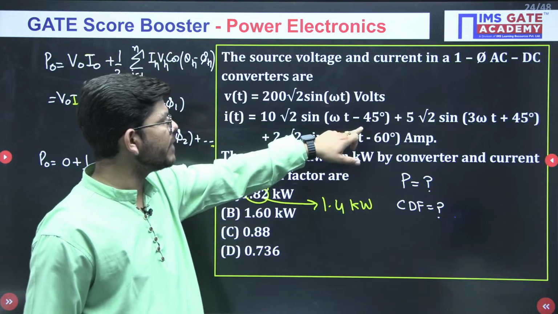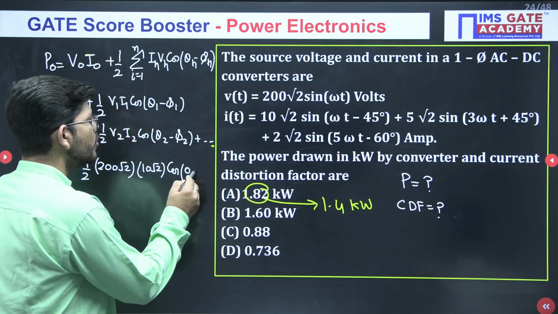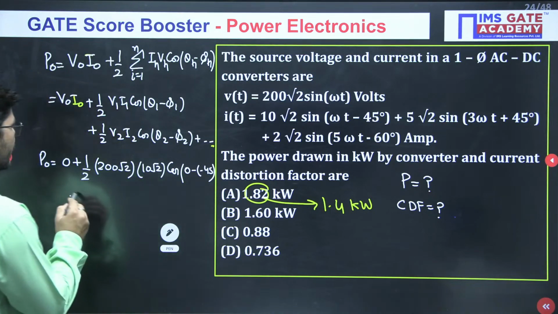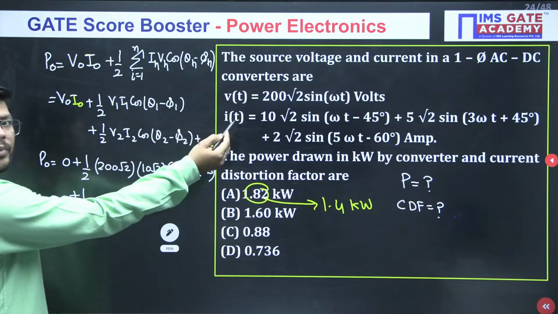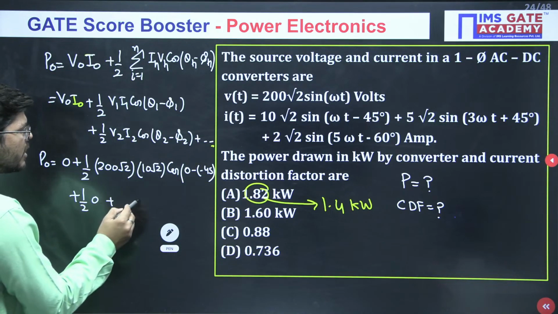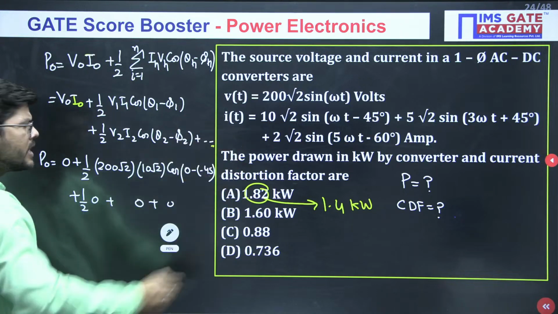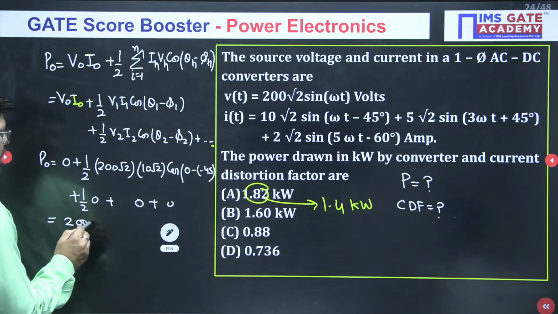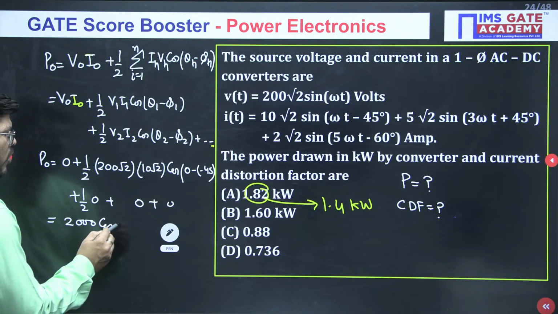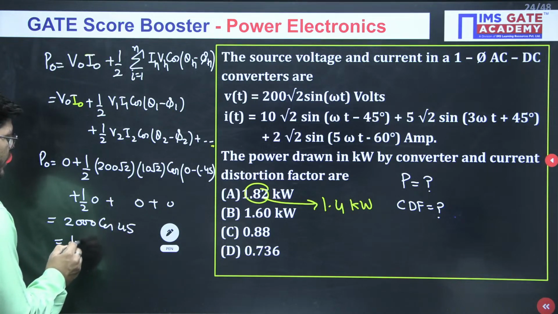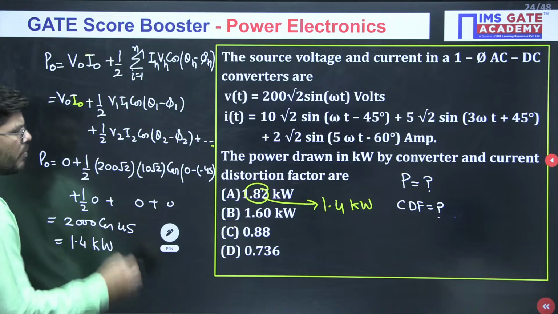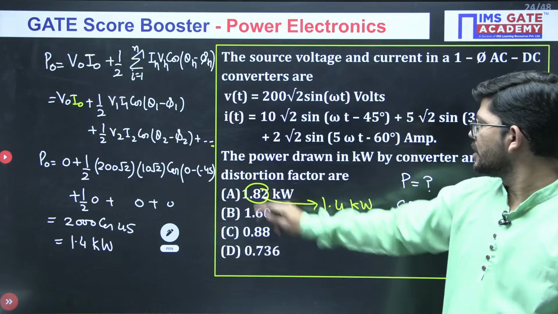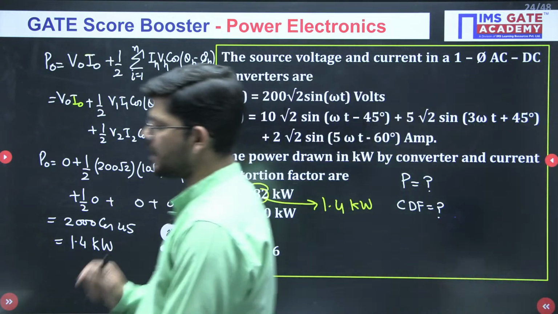The voltage has an angle of 0 and the current has an angle of minus 45, so it will be 0 minus 45. Now plus 1 by 2, do we have any other component of voltage? No, so all other terms will be 0. We only have this term. So we will get 2000 cos of 45. From here you will get 1.4 kilowatt of power. So 1.4 is the right answer, which is not there in the options, so I have corrected that.